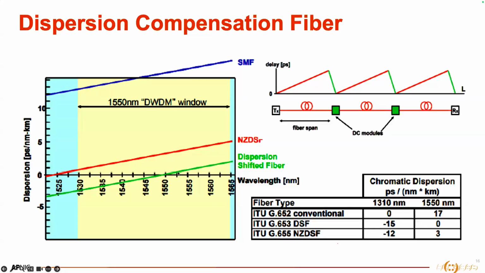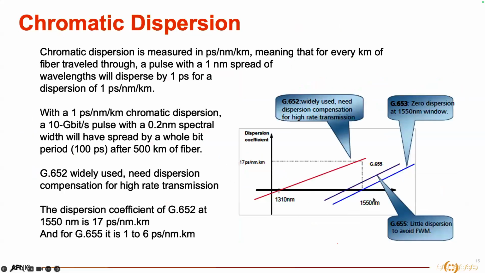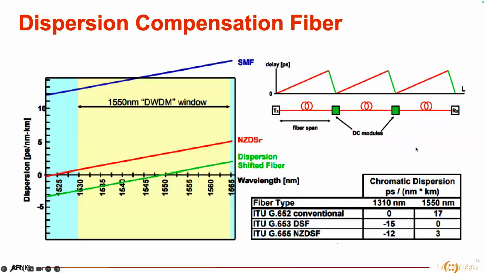Because if we use a fiber which has a completely negative part, then what will happen? Non-linearity effect will rise. You get my point? So we have to maintain a balance and take such a fiber which will take care of non-linearity as well as dispersion.